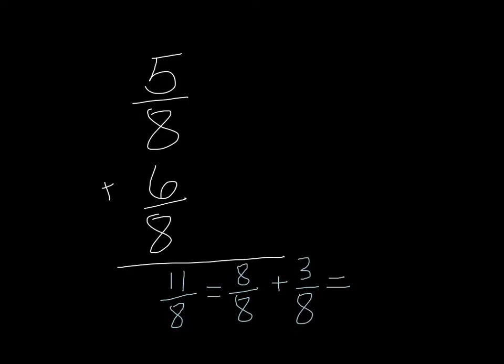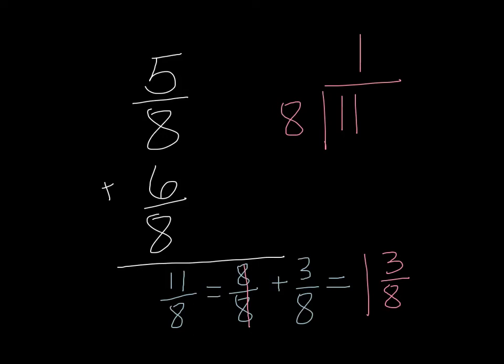And how's that going to look as a mixed number? Well, this 8/8 is 1 whole plus 3/8. That's going to give me 1 3/8. Really quickly, if you wanted to see what that looked like by using traditional division, what we'd do is we'd make the numerator the dividend and the denominator the divisor, and we'd figure out, okay, how many 8s are there in 11?